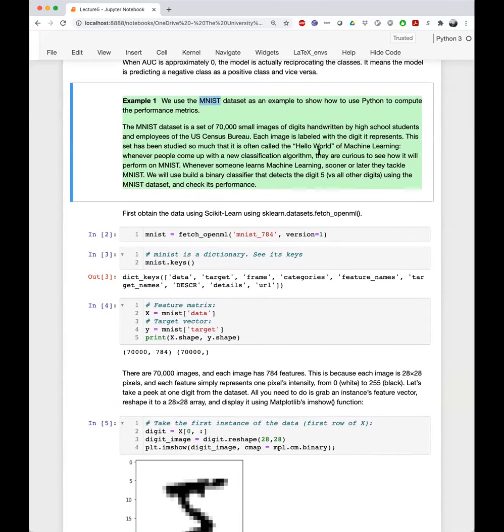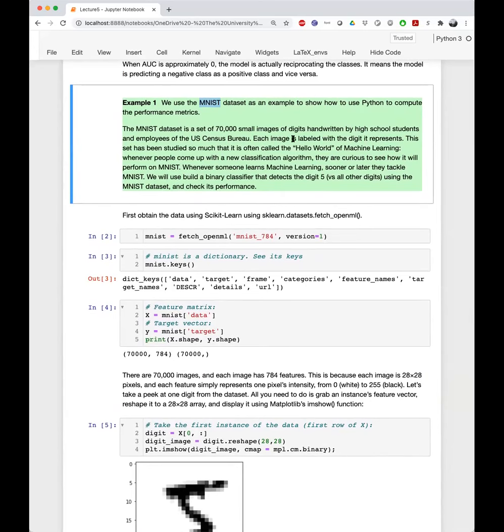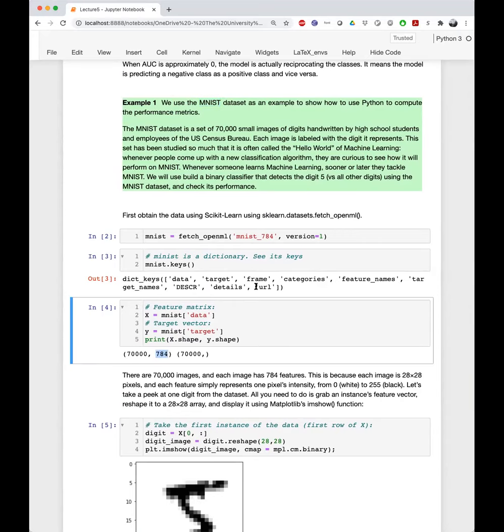Each image is not stored as a matrix, but stored as a vector of 784 entries. So each image is represented by a 784 vector. Actually, what it means is a 28 by 28 matrix.